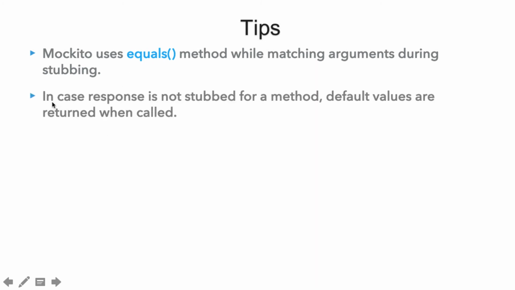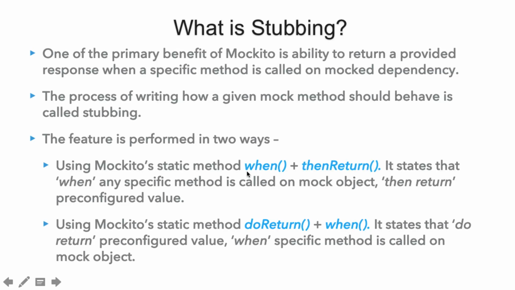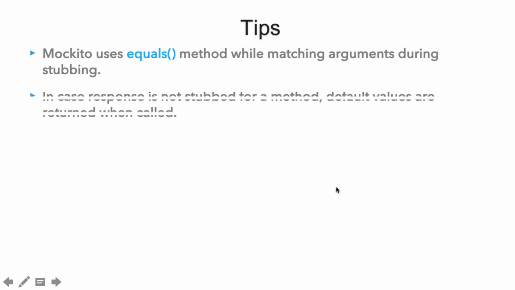The other tip is, let's suppose we are unit testing our class under test, which is calling the external mock dependency. When the point of execution reaches the call to the mock dependency, and you have not stubbed that particular method, then Mockito simply returns a default value. In thenReturn we provide a pre-configured value, and if we haven't done this stubbing, Mockito returns the default values.